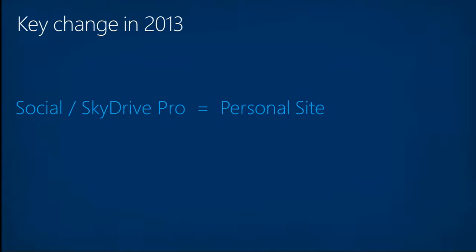When you design your deployment, you need to make sure that you have the required number of content databases, because we have limits around the number of site collections you can have in a particular content database. So there are certain implications with regard to the number of content databases and the storage, which you'll need to plan for when it comes to your deployment. This is one of the key changes when it comes to social that we've made in 2013.